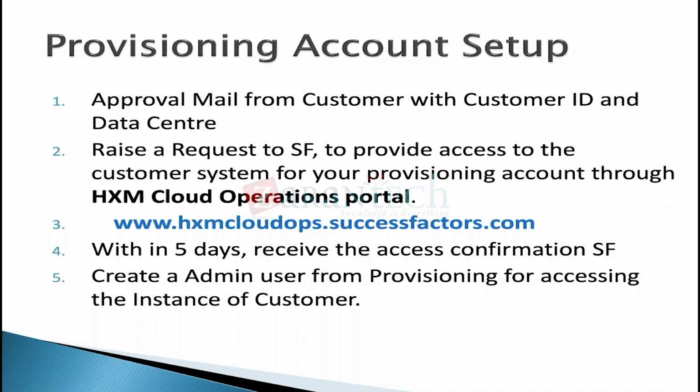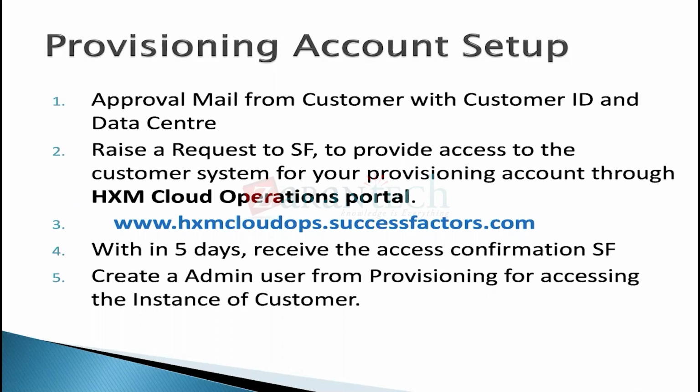Before you go into this portal and raise a request, you should first take an approval from the client side project manager. For example, you are an employee of IBM as an IT company, and the project is for Coca-Cola. Your client is Coca-Cola. So you have to take an approval from the Coca-Cola project manager. They have to say, we are approving Mr. Shiva to work on the employee central module in our project.